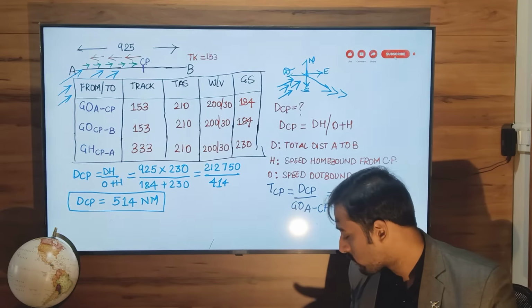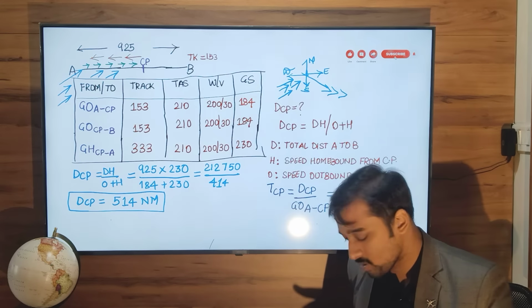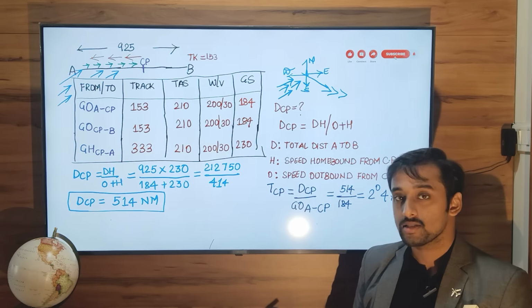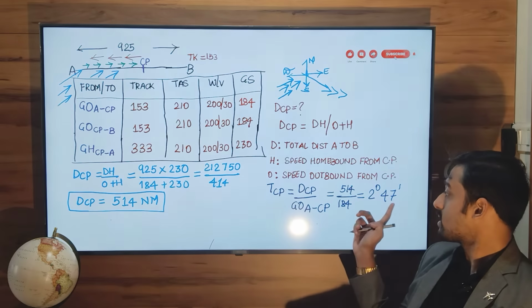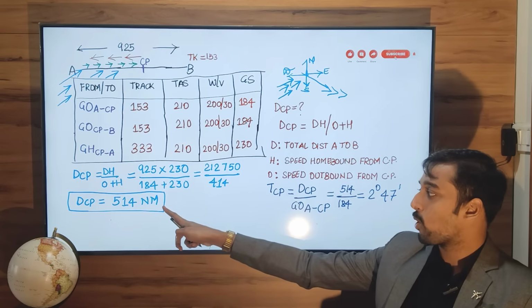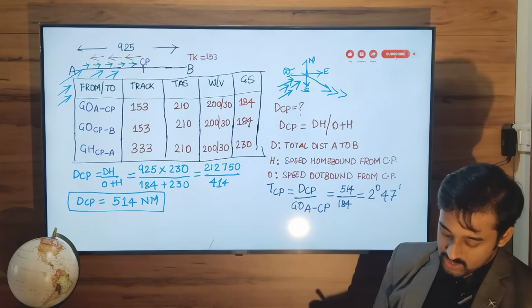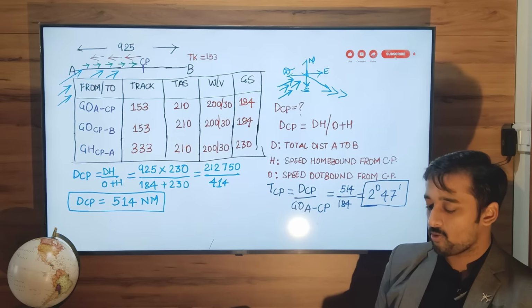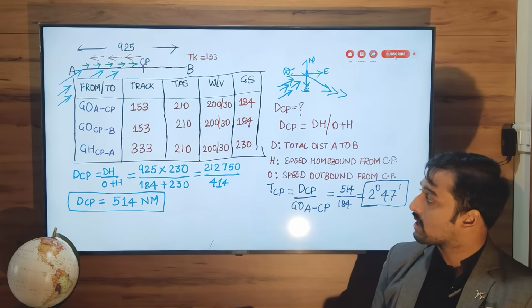So this is how you have to do this sum. Critical point 514, so distance is this and time is this, 2 hours 47 minutes. Any doubts?